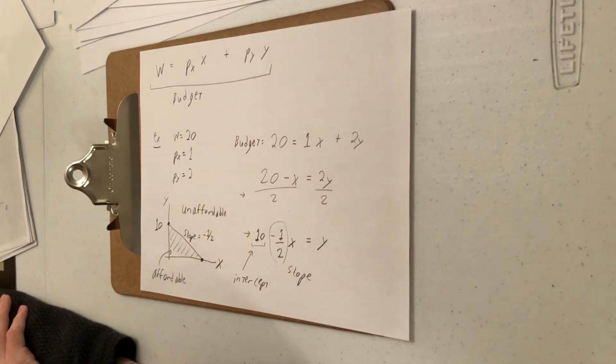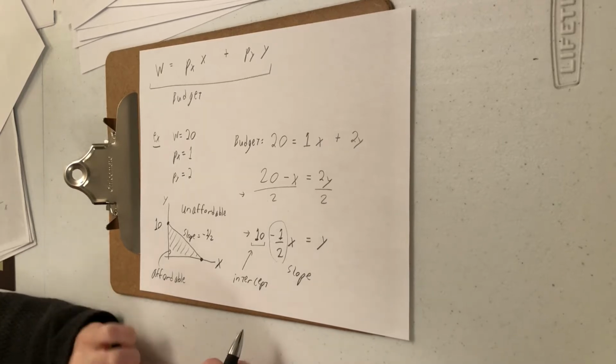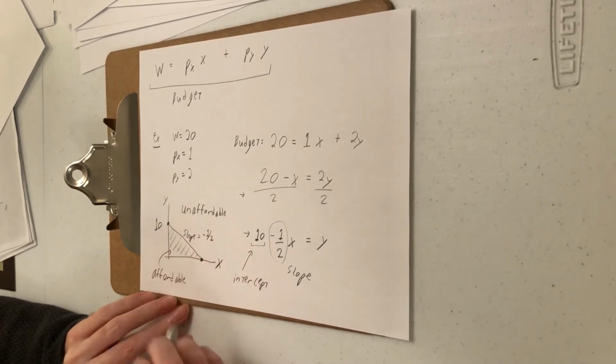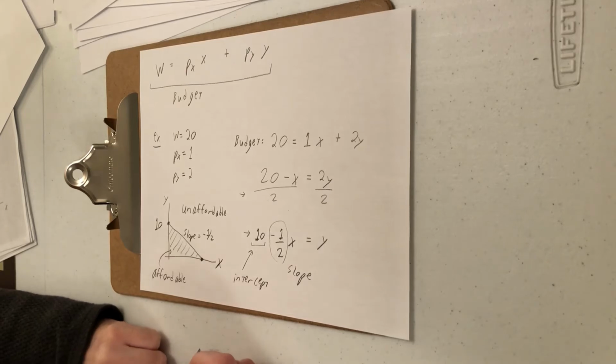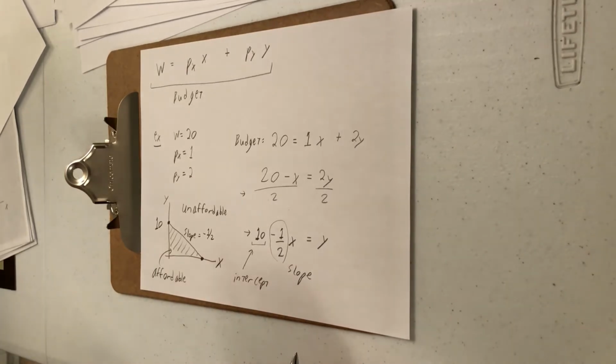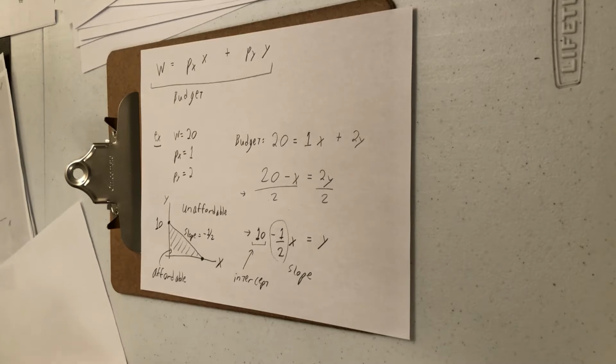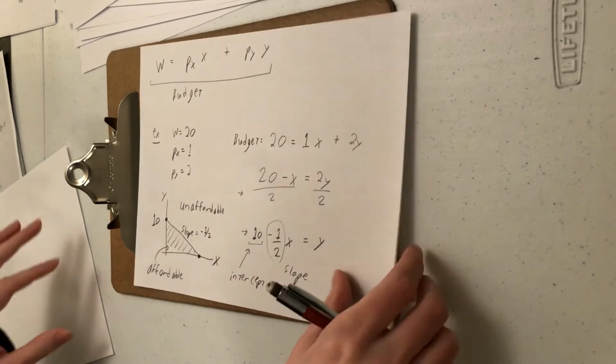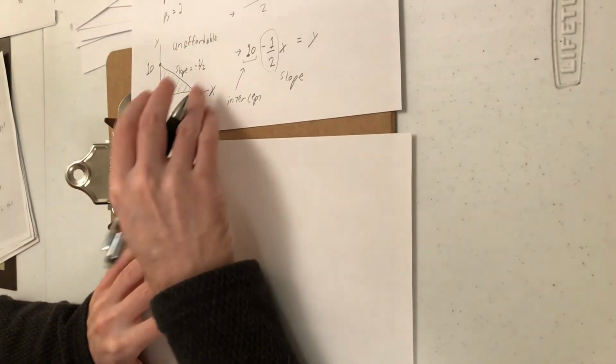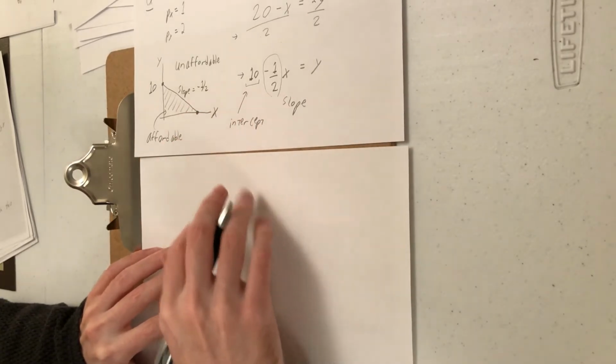If you only have $20, then you can't afford to buy 30 X or buy 30 Y. That's too expensive for you. So everything on the line or inside it, you can buy. Everything outside, cannot buy. So it was a very easy way to draw budget lines.